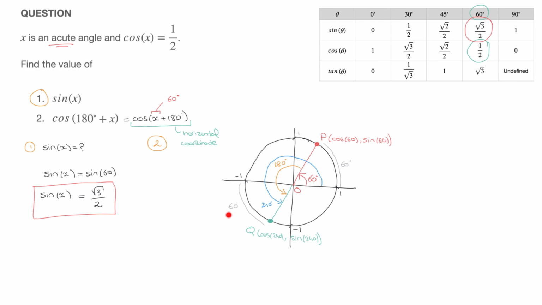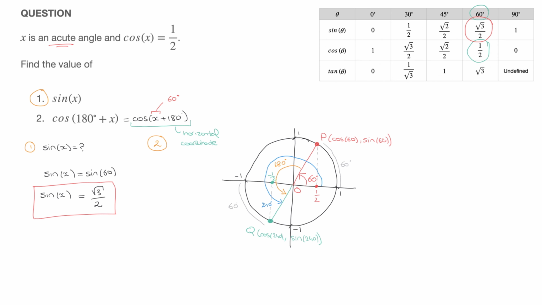And despite the fact that this sketch is far from being perfect, hopefully you can appreciate that the horizontal coordinate of this point Q, so that would be this value right here, is the opposite of the horizontal coordinate of point P, which would be this value right here. And since the horizontal coordinate of point P was cosine of 60, which remember was 1/2, the horizontal coordinate of this point Q, which is equal to cosine of 240, will be negative 1/2.